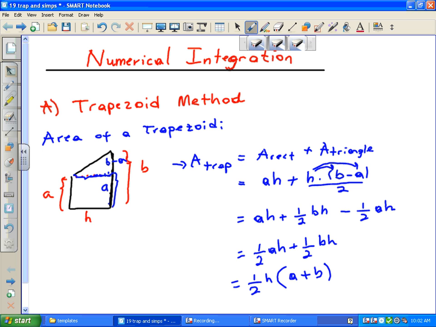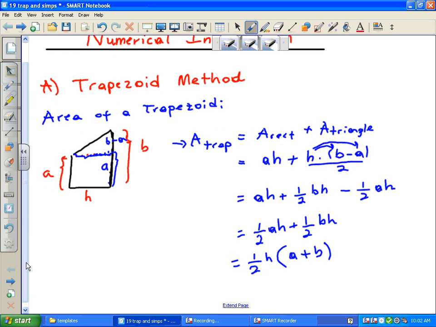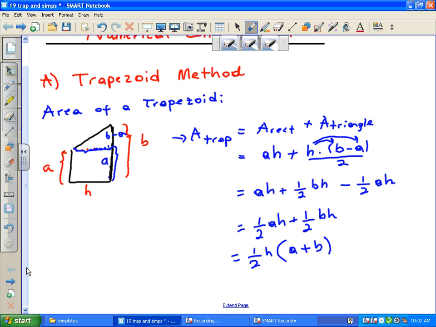So in words, one other way to write the same thing would be like this, h times a plus b over 2. So one way to remember it is as follows. Find the average height, because a plus b over 2 is like the average of these two numbers, right? So find the average height of the trapezoid and multiply it by the width, which is h.